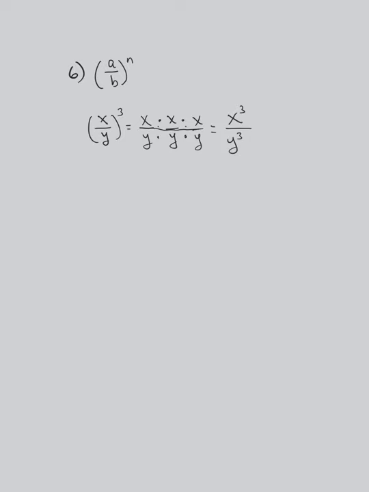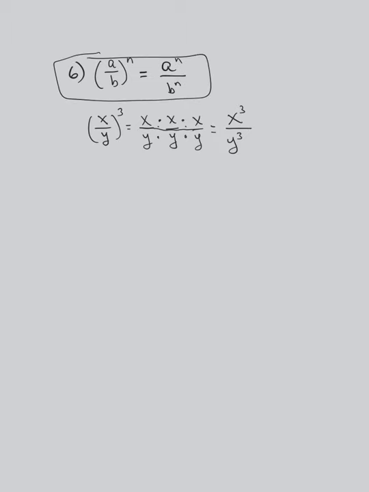So what we're getting at is that whenever I have a division raised to an exponent, I can essentially just distribute that exponent onto each one. This exponent law says a to the n over b to the n, and that's exponent law 6.